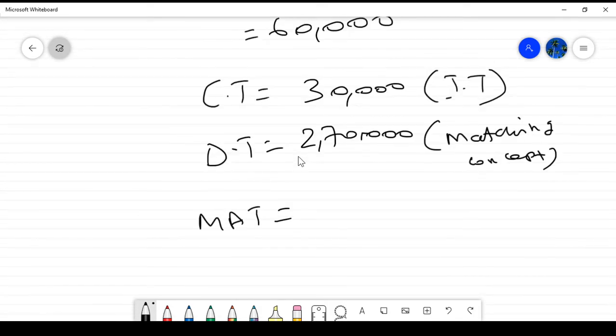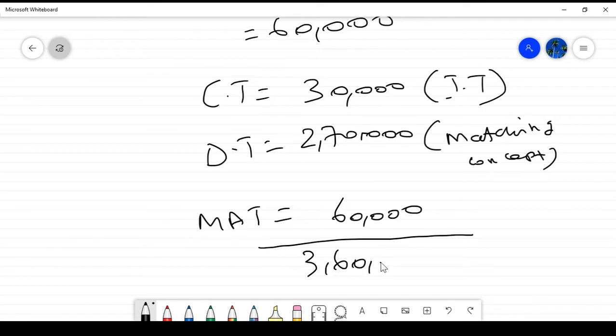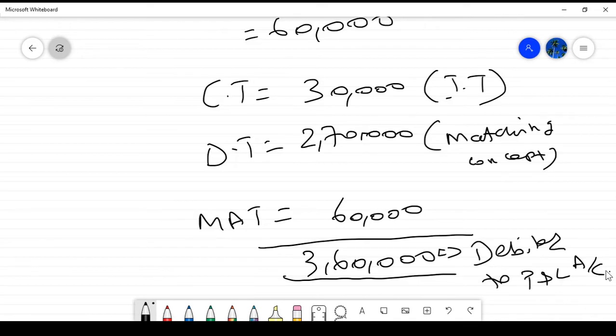My total tax expenses debited to P&L account is 3 lakhs, totally 3,60,000. This amount should be debited to P&L account. Okay, so this is the answer.